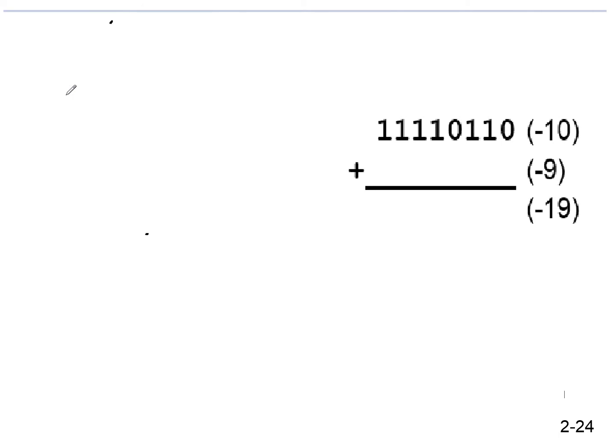So if we're going to flip that number, those bits, we're going to have 0, 1, 1, 0, right? And we're going to add 1. So 1, 1, 1, 0. Okay?